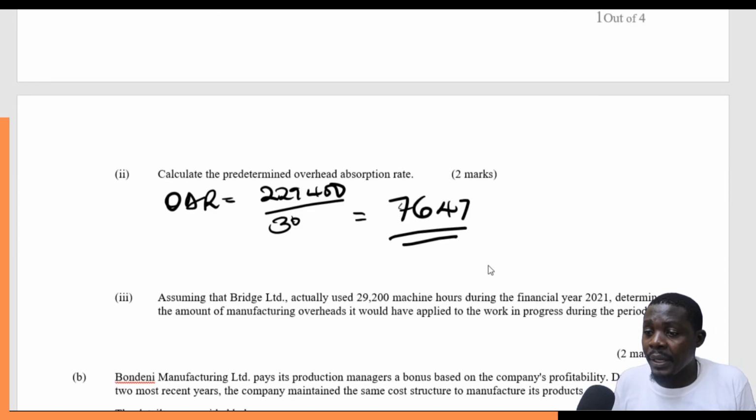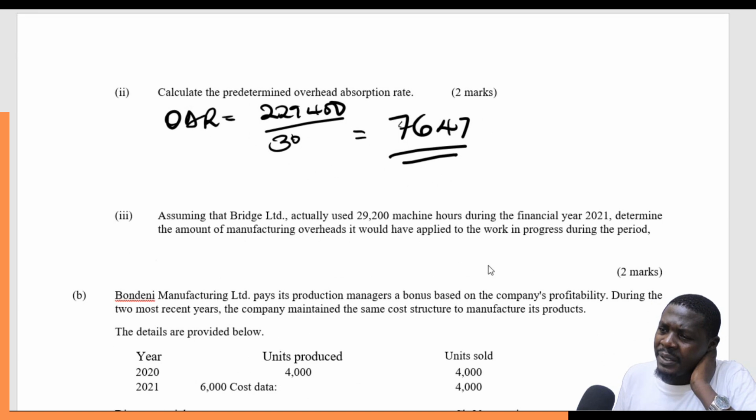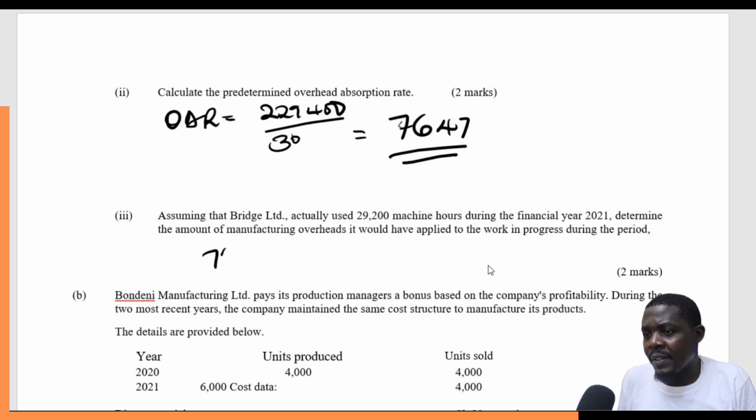Then, assuming that Preach Limited actually used 29,200 machine hours during the financial year 2021, determine the amount applied. Therefore, we can just take 7,647 and multiply by 29,200.